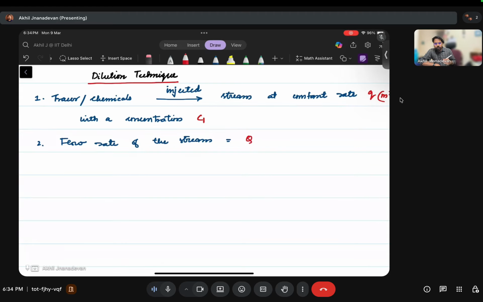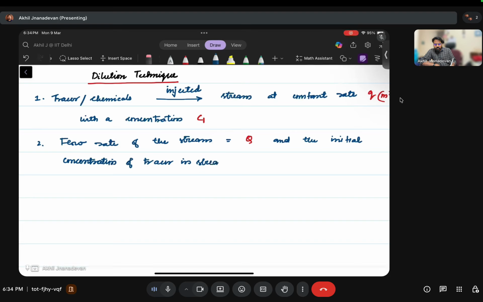So this is what we need to measure, right? We are trying to measure the flow rate. So assuming that the flow rate of the stream is capital Q, and the initial concentration of tracer in the stream.